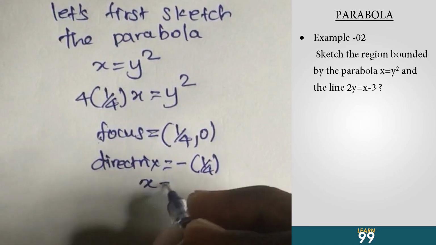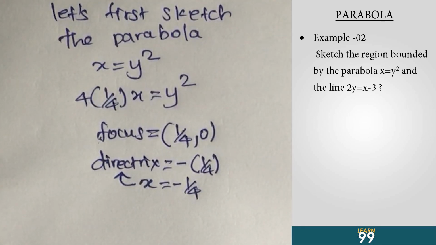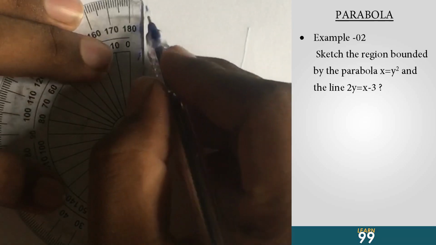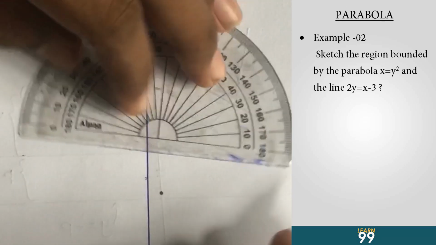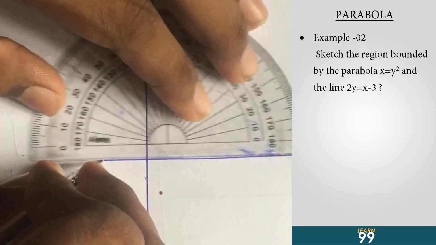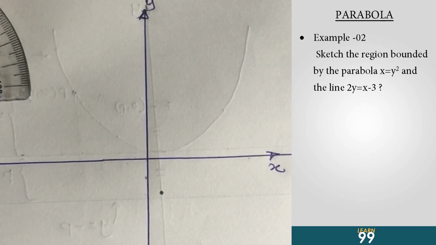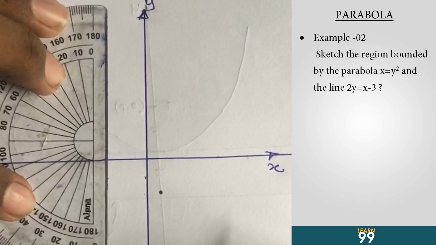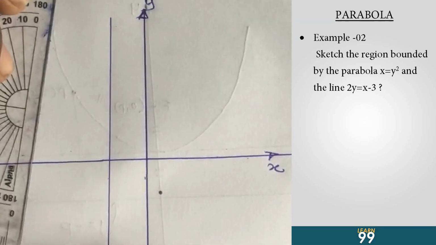How do we know this is x equals minus 1 by 4 instead of y equals minus 1 by 4? It's simple that you can identify. I almost said this before. The degree of x and y should be equal on both sides. So the 1 by 4 should be at x. Otherwise our x will not get the degree of 2. It's a simple way to memorize.